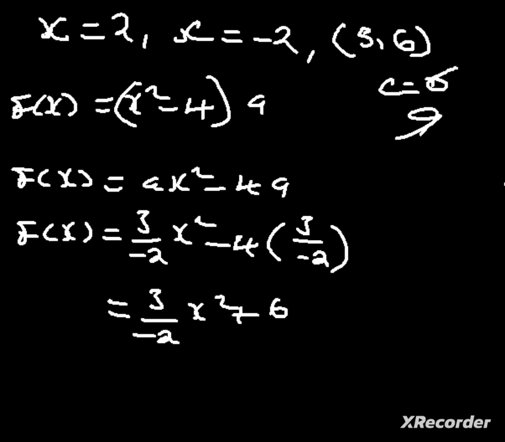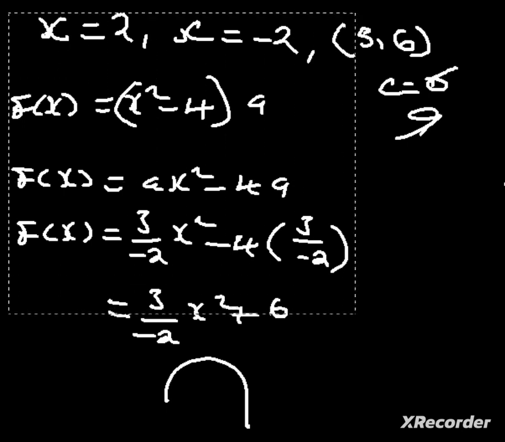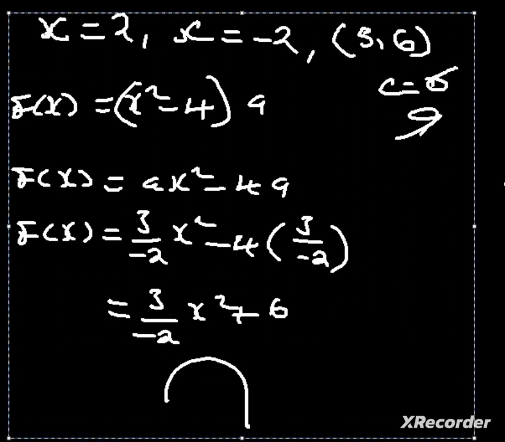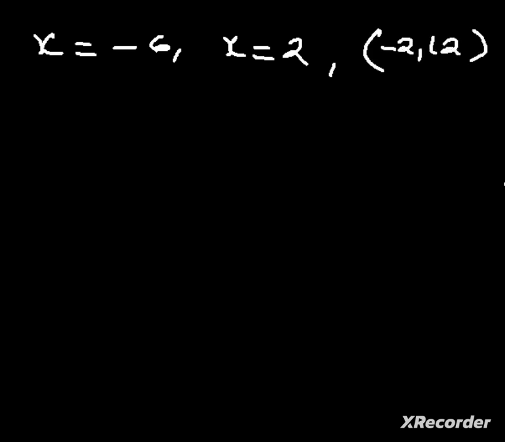Since the value of a is negative, it means the graph concaves downwards, as we already discussed. So take note of that. Now what if this is the case? Let's say we have the roots given as x is equal to negative 6 and x is equal to 2, and given that the graph passes through the point (negative 2, 12).